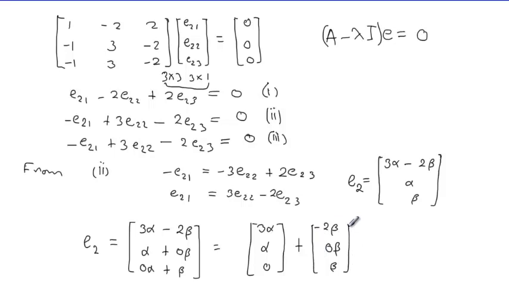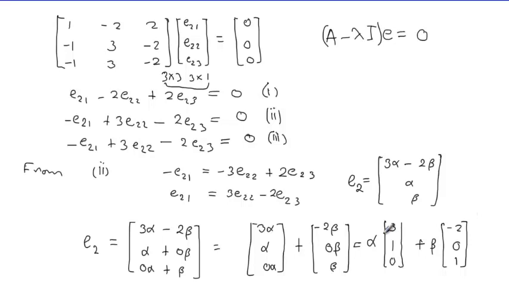Simplifying this, alpha is a scalar here and beta is a scalar here. You can write this as alpha times (3, 1, 0) plus beta times (minus 2, 0, 1).